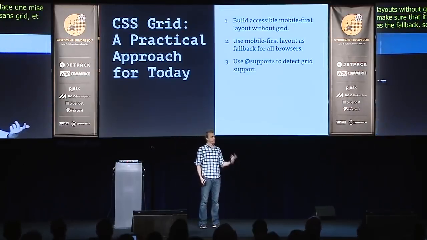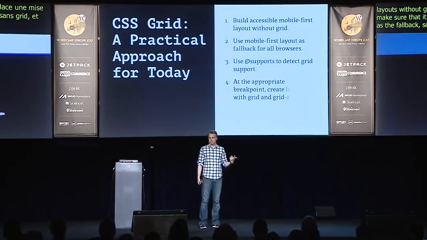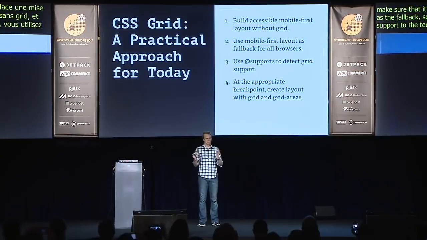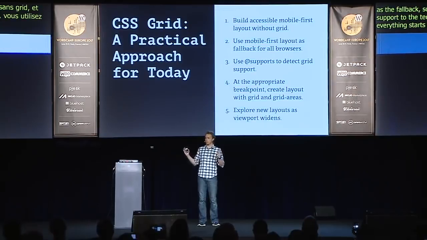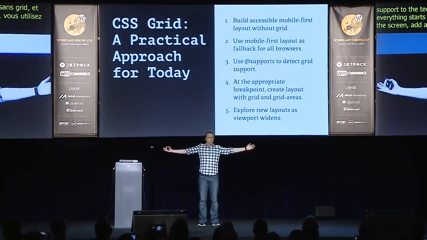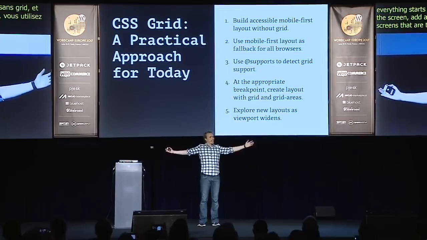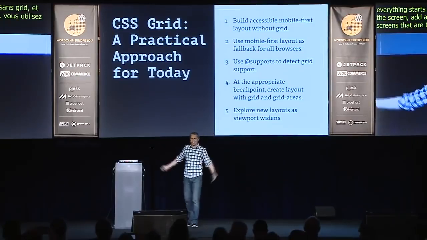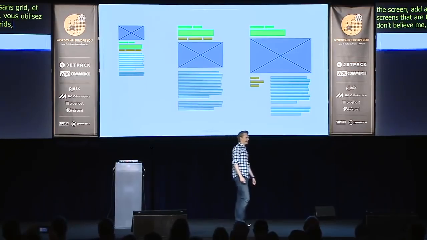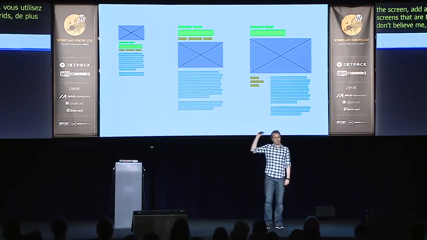Then use @supports to detect grid support. At the appropriate breakpoint, when everything starts looking weird, add a grid, then keep scaling up the width of the screen. Add another grid, and another grid, and another grid, because people have screens that are this wide right now. So you need to account for that. If you don't believe me, go to my brother's house. He has a ridiculously huge screen. So, remember the layout I drew?